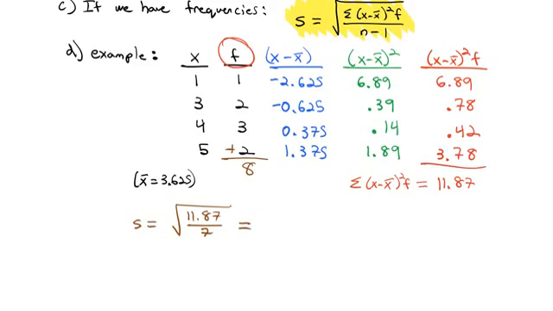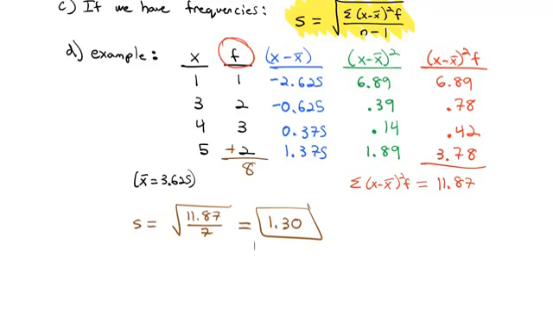So the square root of 11.87 divided by 7 is 1.30. So on average, these points are about 1.30 units away from the mean of 3.625. This gives us an idea of the middle and how spread out the data actually is.